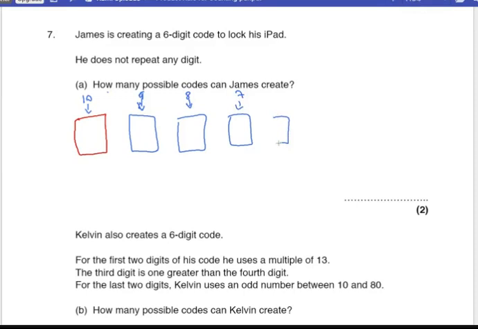And then the next one, 5. Yep. So it's 10 times 9 times 8 times 7 times 6 times 5. 151,200. Yeah.